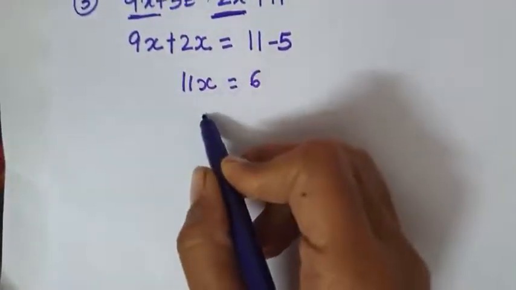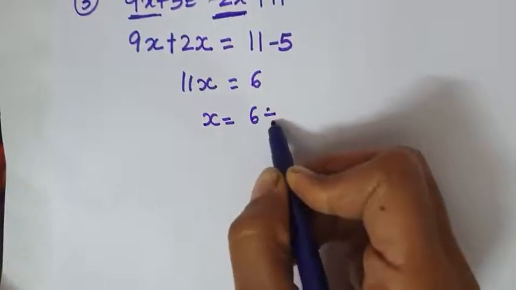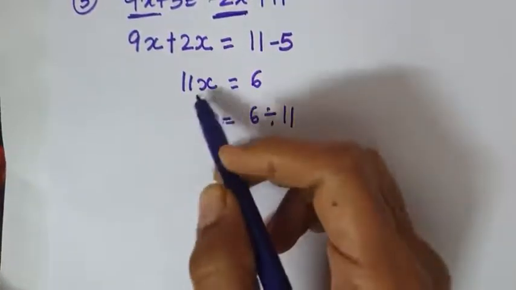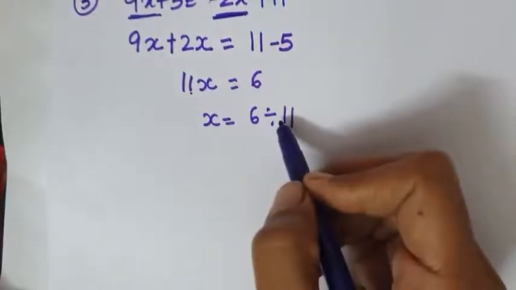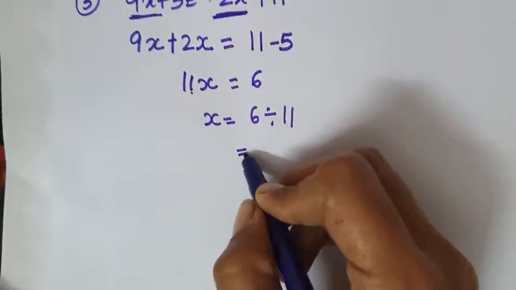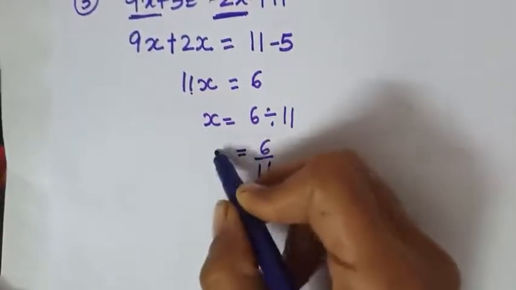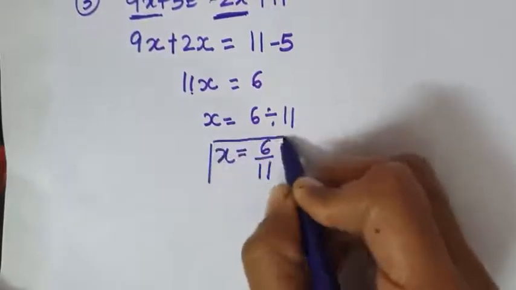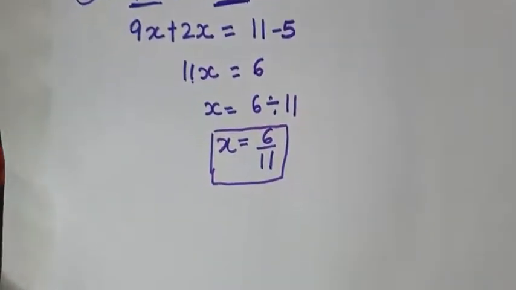So finally we get 6 divided by 11. Clear now? 11 is getting multiplied. So on shifting it will get divided. So we can write this answer like 6 upon 11. So your answer is x is equal to 6 upon 11.